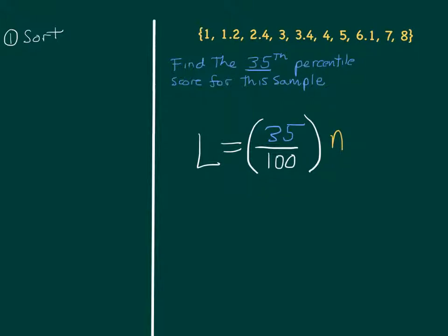In our case, there are 1, 2, 3, 4, 5, 6, 7, 8, 9, 10 elements in the sample. So when we compute L, we would take 0.35, 35 over 100, times 10. So our L value would be 3.5. This is what we'll call the computed L value.